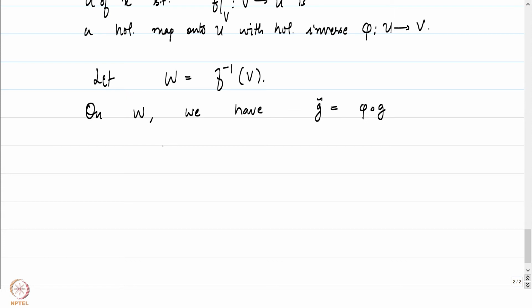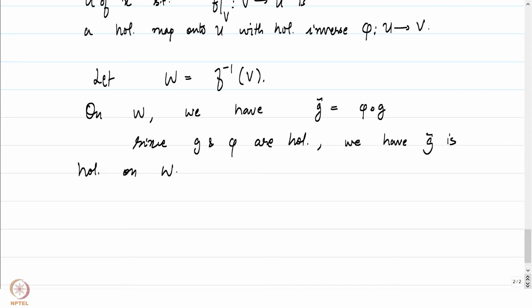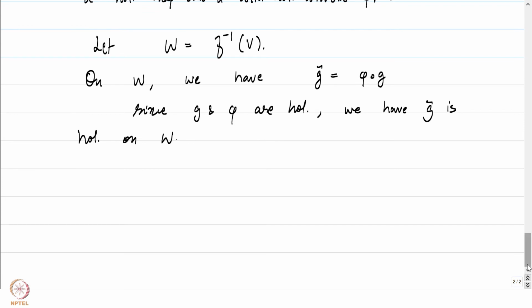And both g and phi are holomorphic. Since g and phi are holomorphic, we have g tilde is holomorphic on W. And therefore, we have established that given any point, we have a neighborhood where our map g tilde is holomorphic, which tells us that g tilde is holomorphic on Z, and that's precisely what we were trying to prove.